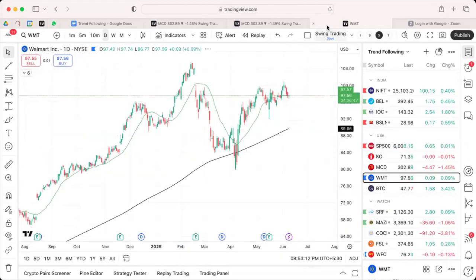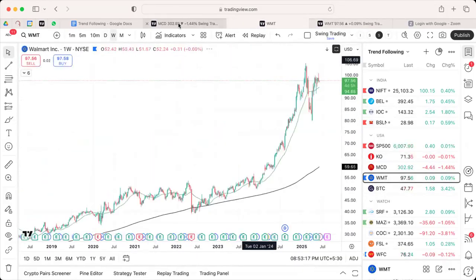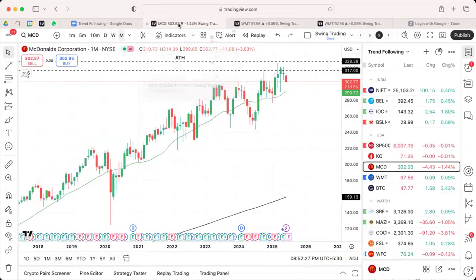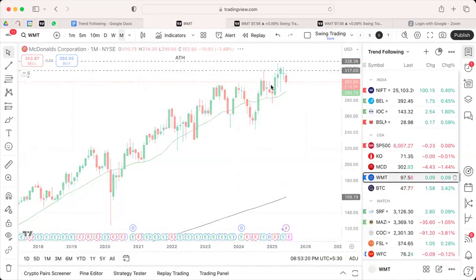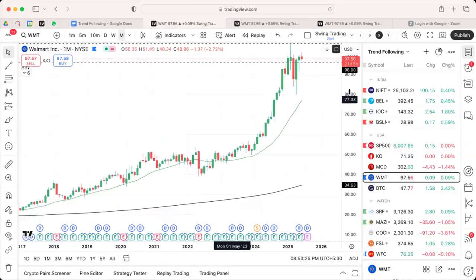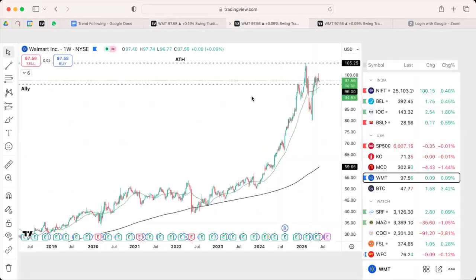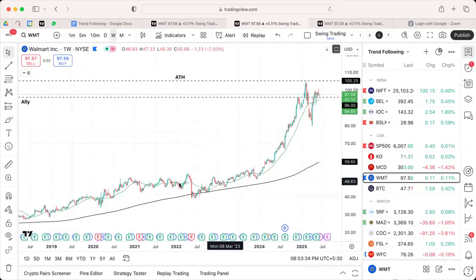Okay, now let's go to Walmart on the daily, weekly, and monthly chart. We'll begin with the monthly chart and look at the trajectory, the 20 above the 200, and you'll see how it is moving up. And on the weekly chart, the 20 has been above the 200 for quite a long time.